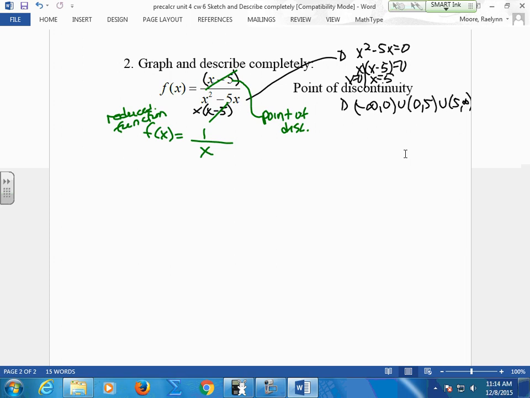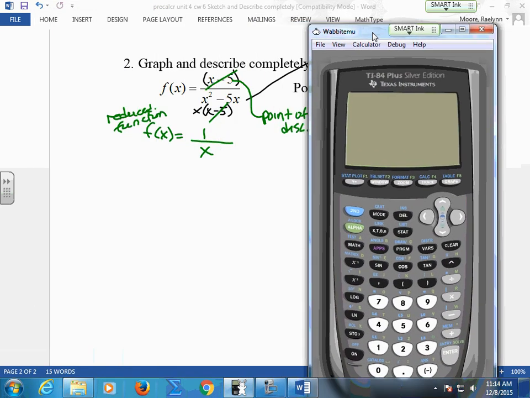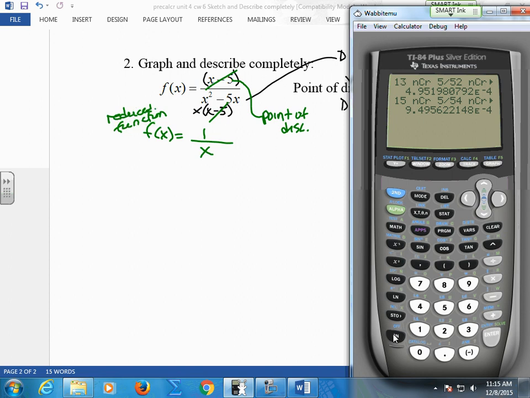Okay, now, because I have such a cool calculator now, I want to show you the difference between these. Let's graph your original one. Much nicer than my last one, huh?